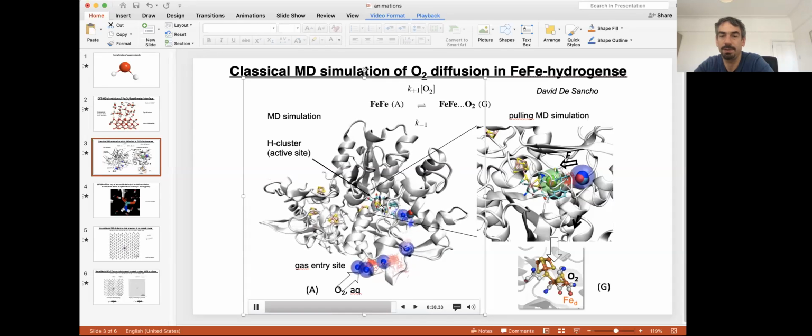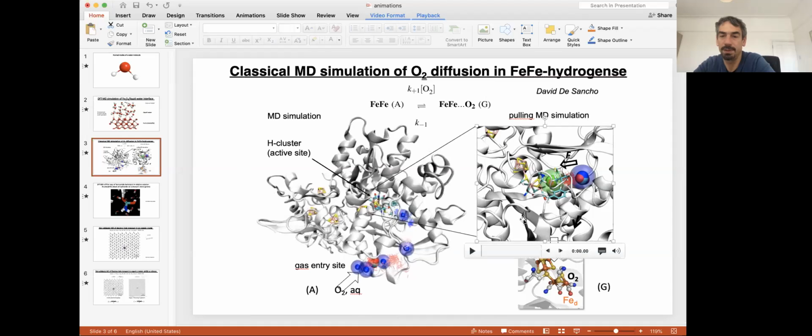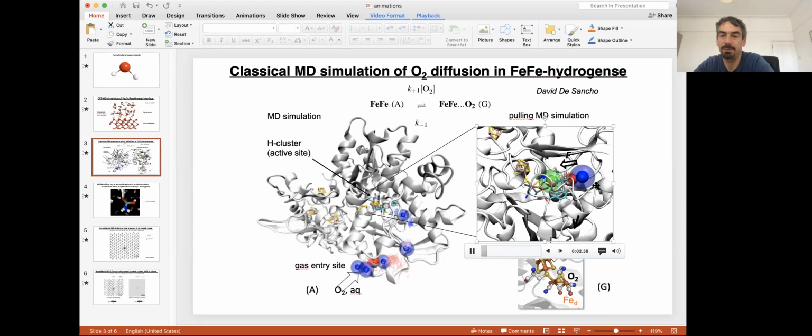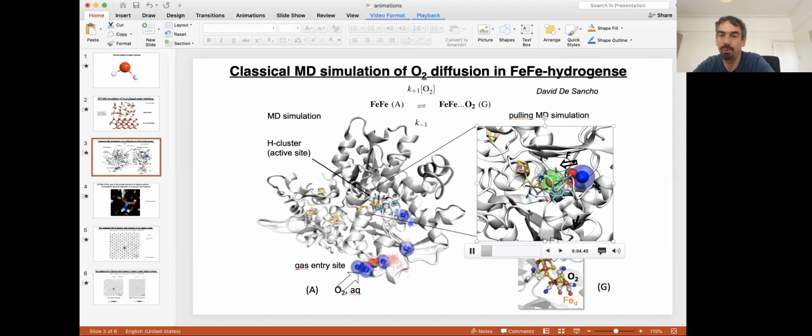This is typically hundreds of nanoseconds of simulation, so many millions of these t plus delta t steps with forces evaluated from empirical force fields. Then you see that the molecule cannot quite enter the active site, so we did some pulling molecular dynamics, where you add an additional pulling force to pull the molecule into the active site.